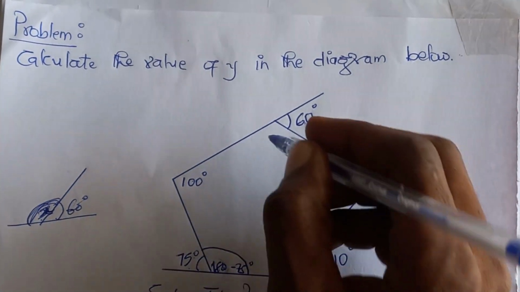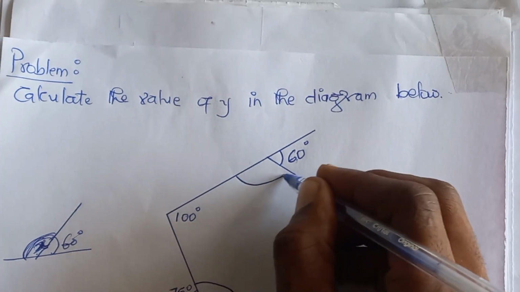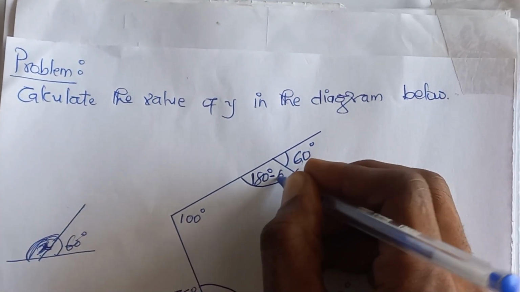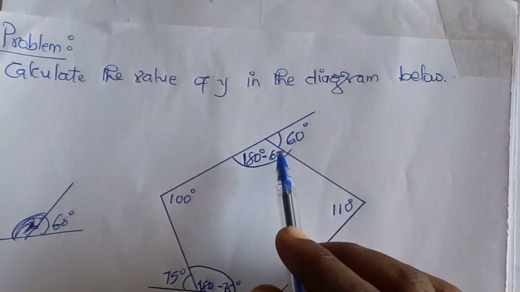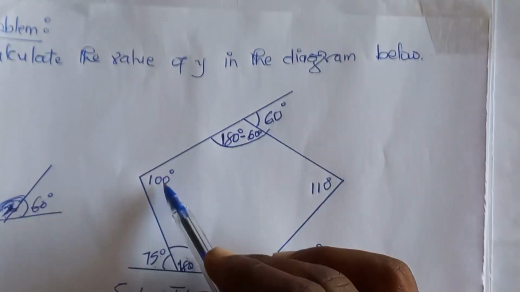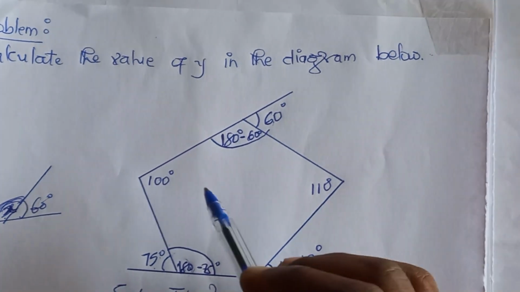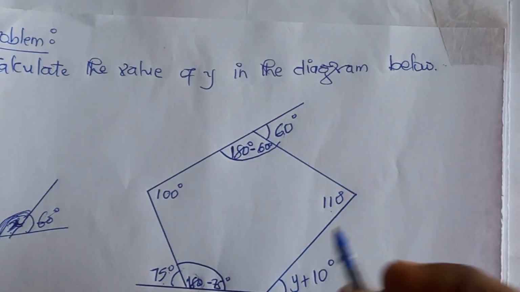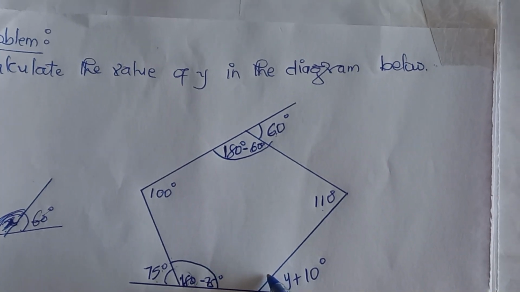And also this side is 180 degrees minus 65 degrees. So the answer that we get for the interior angle here is 100 already. Here is 100 already. Here too is 110.